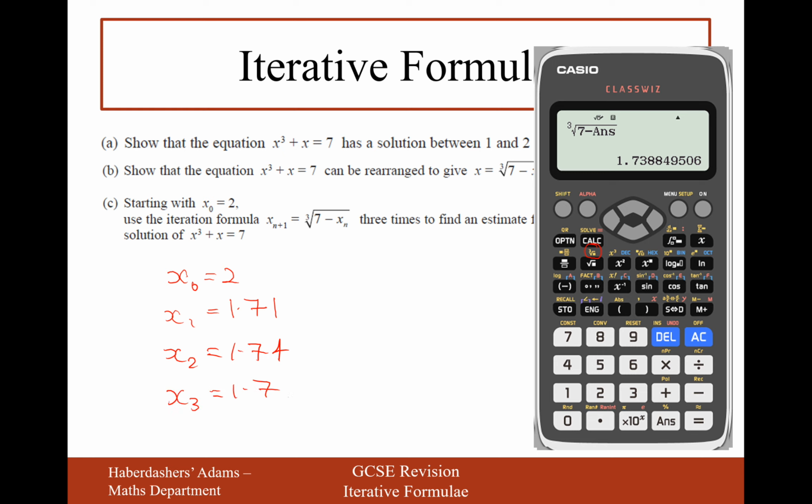So it seems as if 1.74 would be the answer to this question. So there we are, we're getting an increasingly accurate answer. We've started from one side of the boundary using our iterative equation to then work out that x is probably going to be about 1.74.